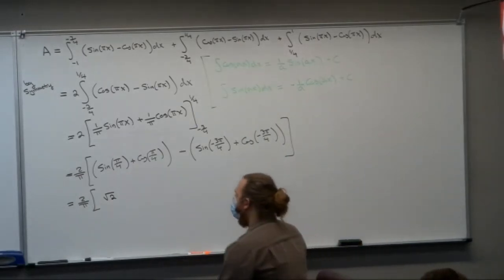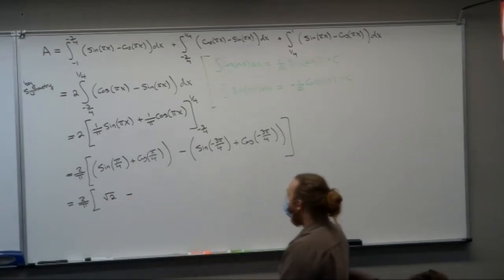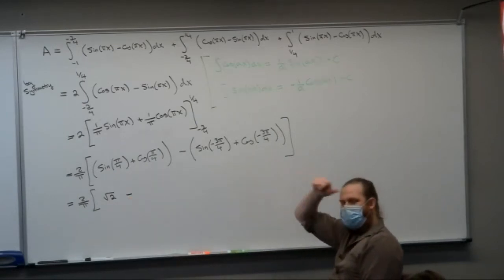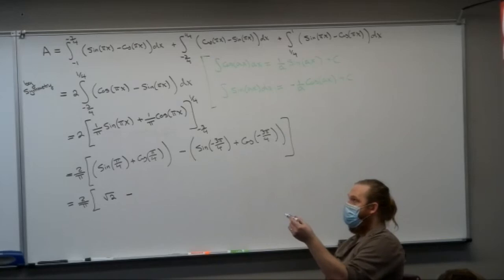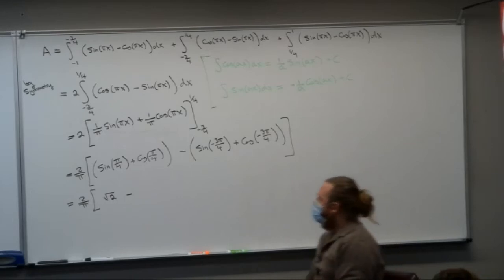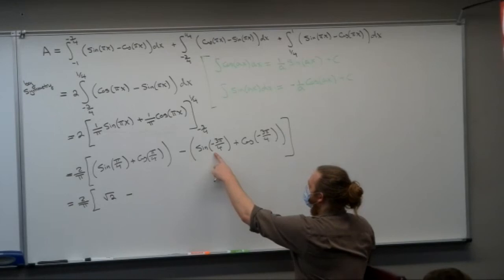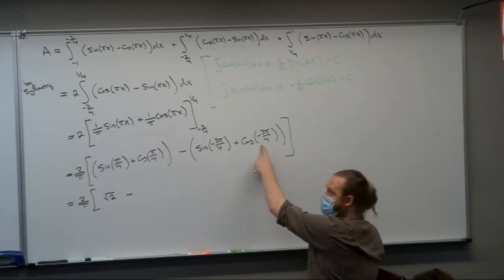And then minus. What is the sine of negative 3 pi over 4? Negative root 2 over 2. I've got to think about it a little bit myself. Yeah. And the cosine of negative 3 pi over 4? Same thing. So this is negative root 2 over 2 plus negative root 2 over 2, which is negative root 2.